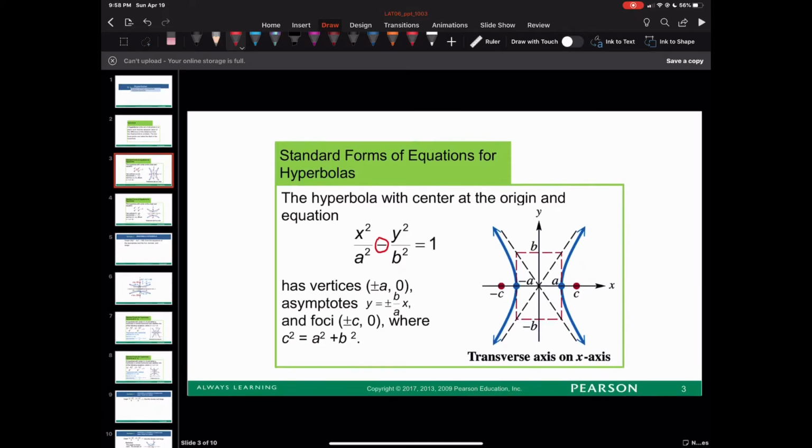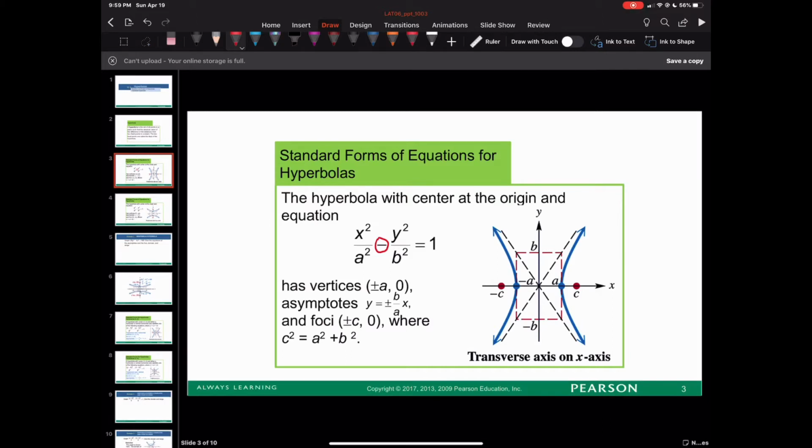Then the asymptote would be y is equal to plus or minus b over a, x. That'll give you your asymptote lines. Then they also give you the foci points, which are plus or minus c, 0, where c squared is equal to a squared plus b squared. Now remember, the other one was a squared minus b squared. Now it's a squared plus b squared.